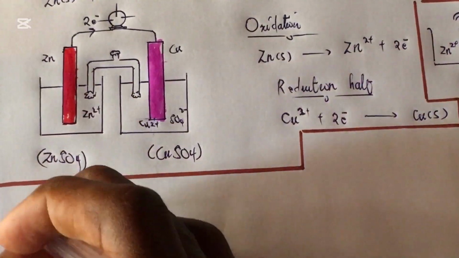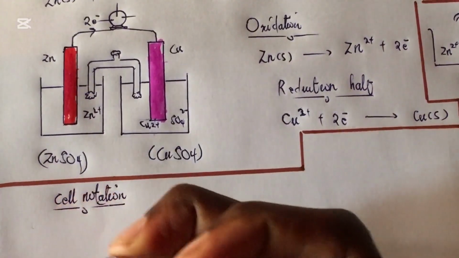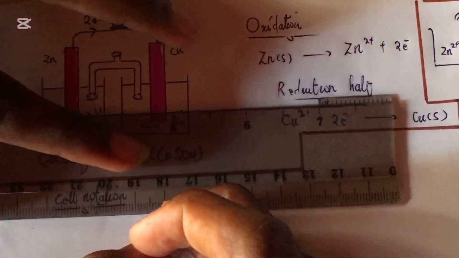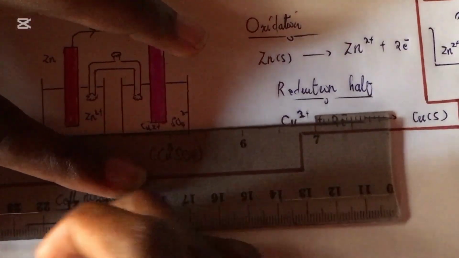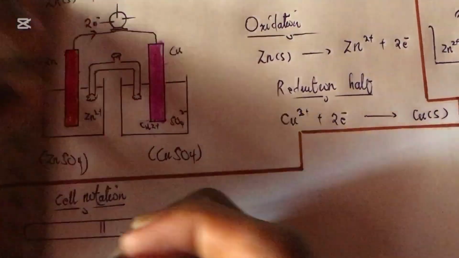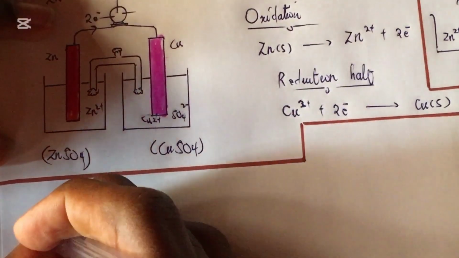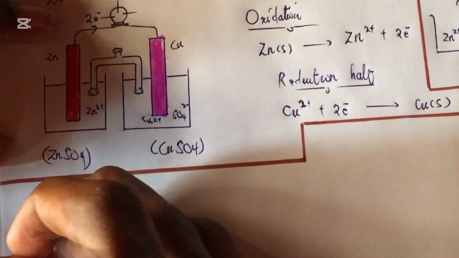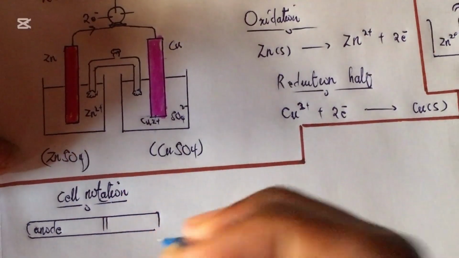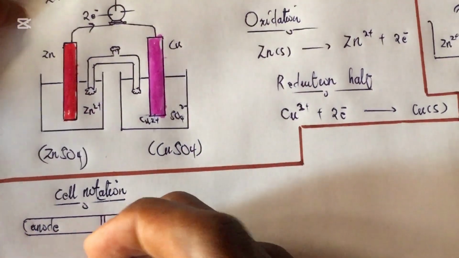Because the zinc is undergoing oxidation, the first part of our cell notation should be our anode, where the oxidation occurs, followed by our bar, which is the salt bridge. So this side of it is the salt bridge.